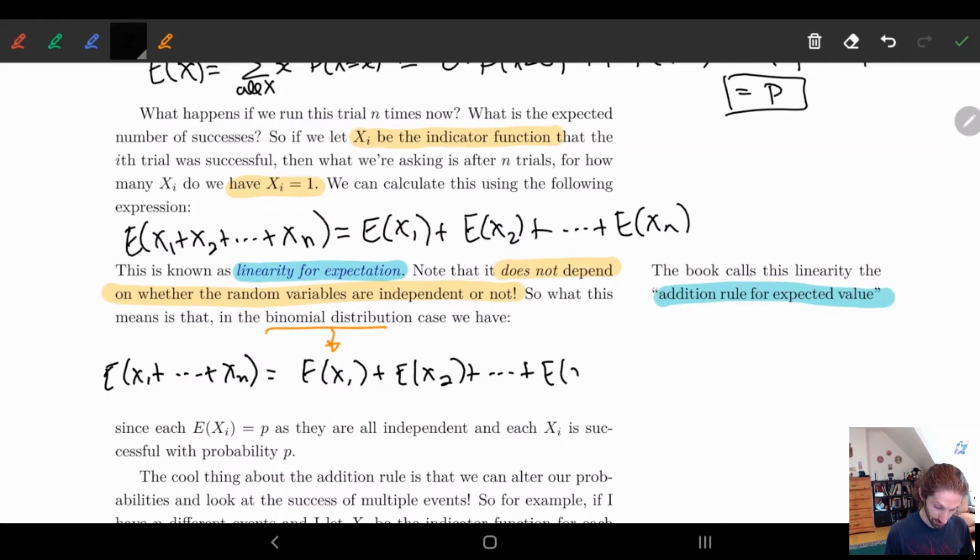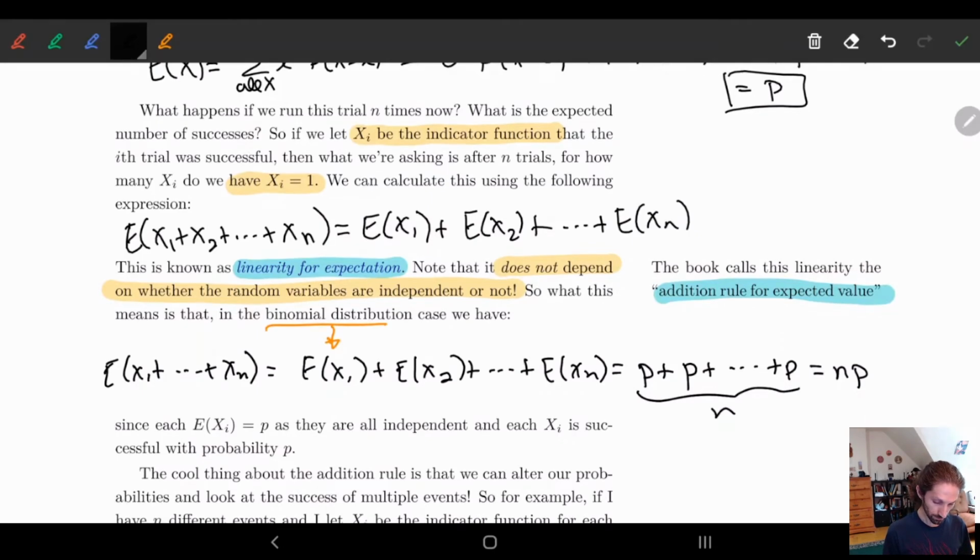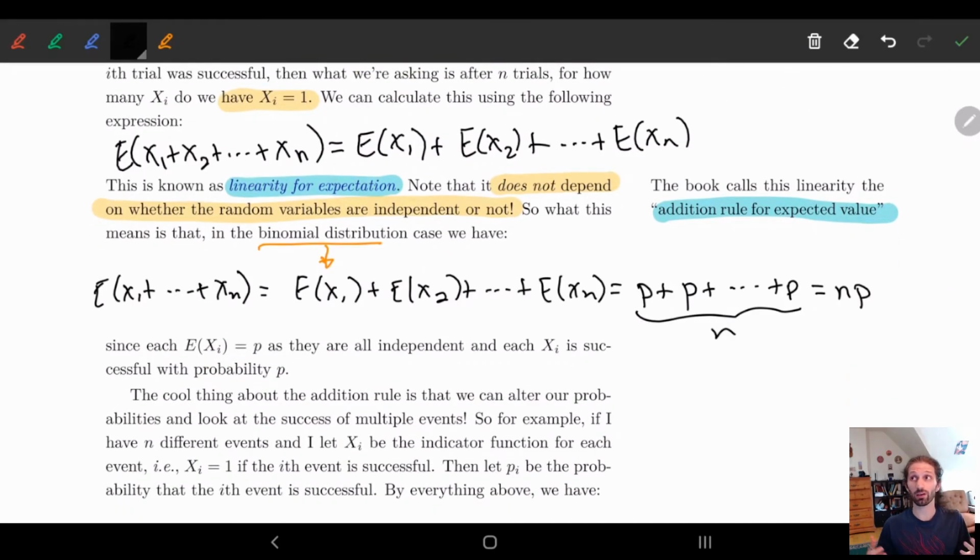Since the trials are independent, each one has the same probability p, and so we get p n times, since there are n of these. So this is just n times p. And this is basically where our expected value from before was coming from. It's this combination of summing the expected value over all the probabilities, and then this linearity of expectation.